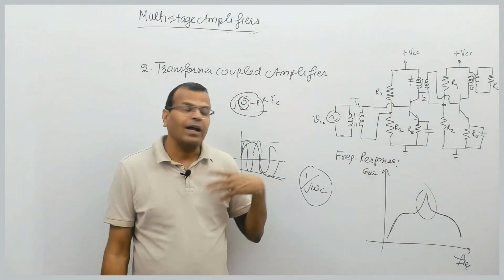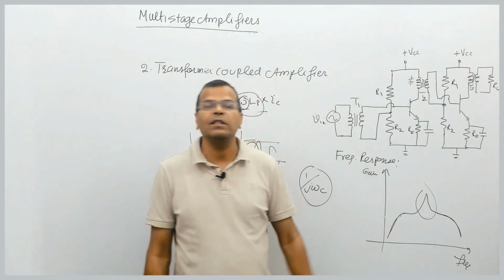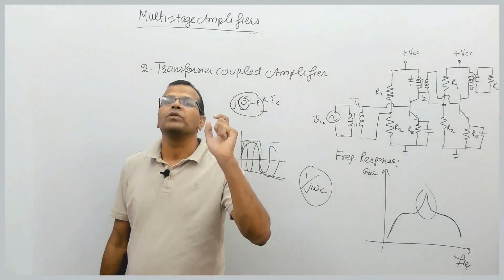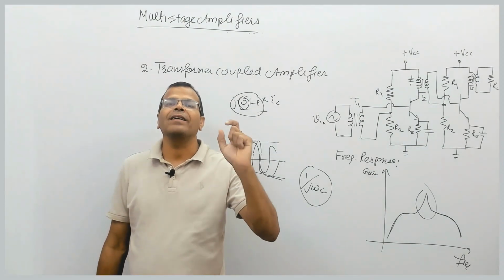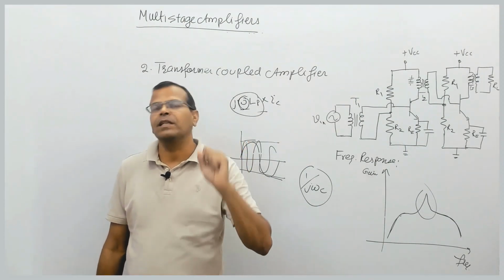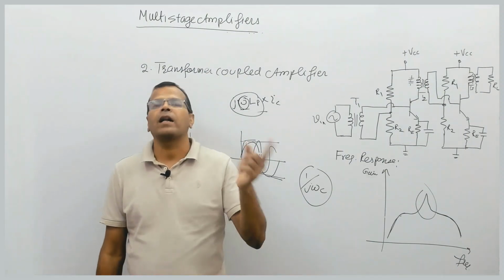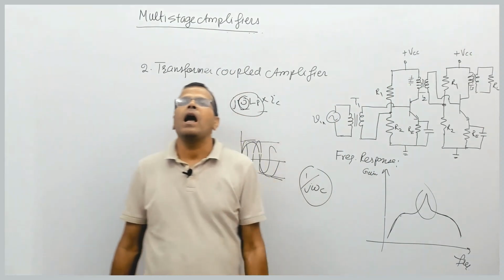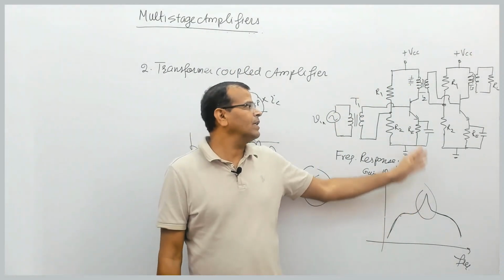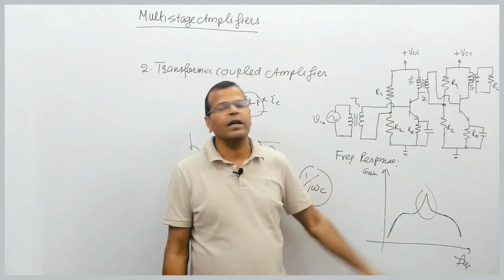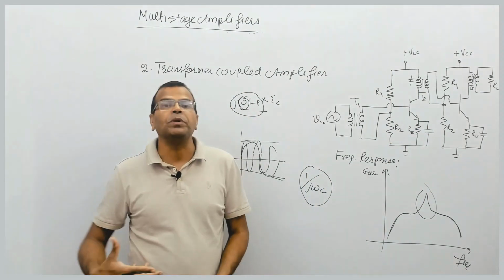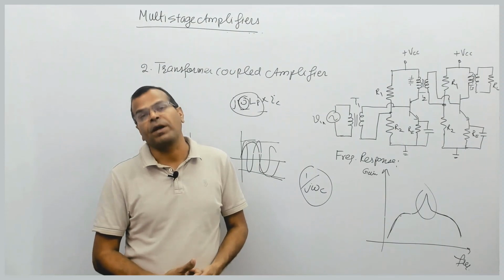So what is happening at low frequencies? The gain of the amplifier is limited by the primary winding inductance, which is known as the leakage inductance of the primary winding. At high frequencies, it is limited by the interturn capacitance, and at a certain frequency near the high-frequency region, there will be a sudden increase in amplitude because of the resonance on the primary side.